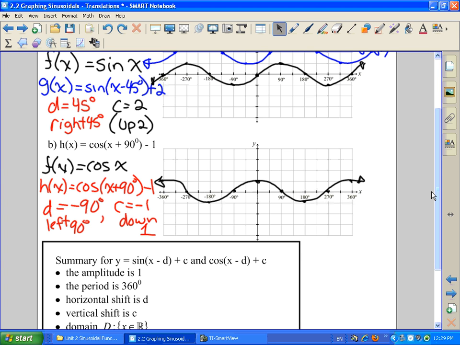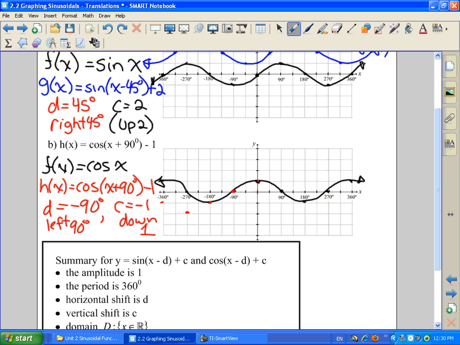Okay, so we're going to start at my maximum. Instead of plotting there, I'm going to go left 90 and I'm going to go down 1. Start here. Go left 90, down 1. Again, you start and you go left 90 and down 1.